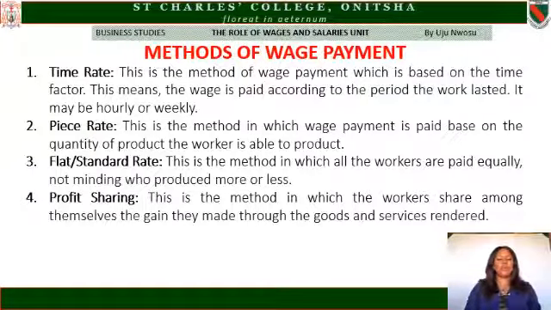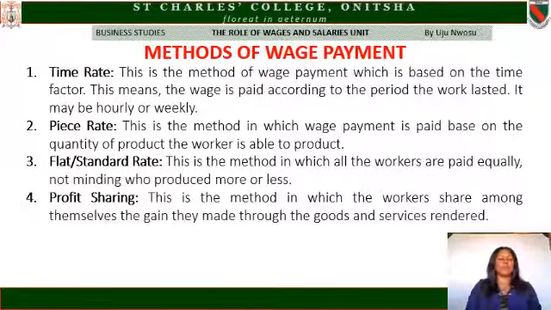We are going to start with the time rate. Time rate is the method of wage payment which is based on the time factor. This means the wage is paid according to the period the work lasted. If the work lasted hourly, daily, or weekly, the payment will be paid accordingly.